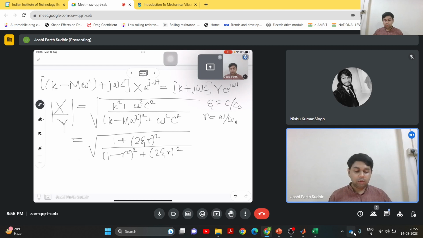So we get the ratio of the amplitude of the car with respect to the amplitude of excitation, which is Y because of the road.